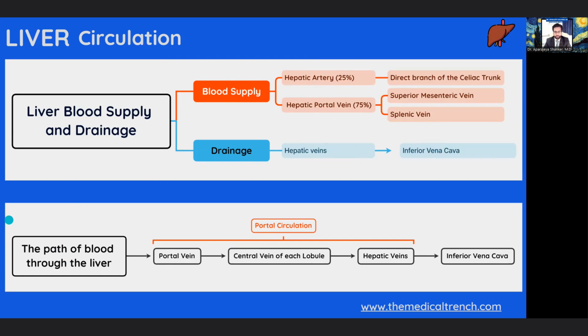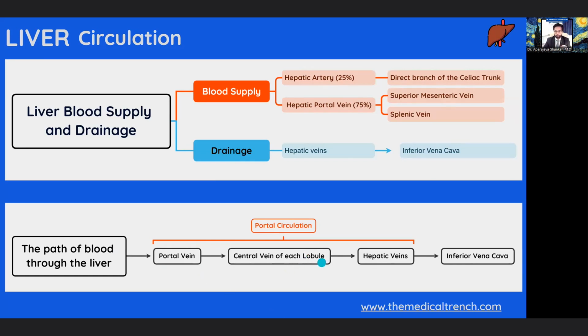When you look at this in greater detail and try to look at the path of blood through the liver, you can see the importance of the portal circulation. The portal vein enters into the liver. The portal vein then divides into central veins, which are present in every lobule of the liver.